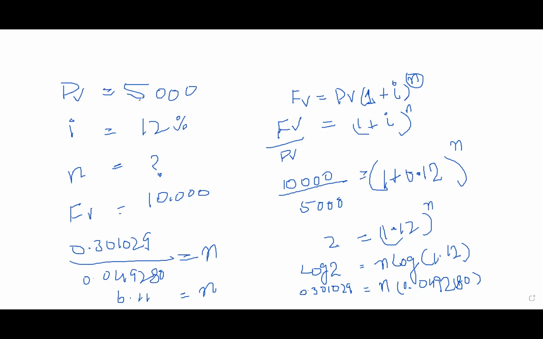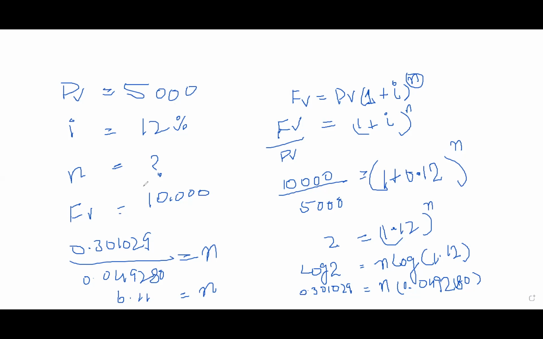So if I ask you that today we have 5,000 and we are going to put that 5,000 into a bank account at an interest rate of 12%, that is compound interest, and we need around 20,000 in some future time period, then how long will it take to become 20,000?